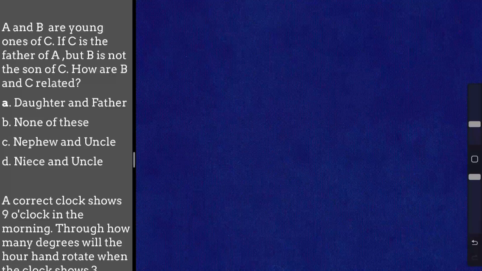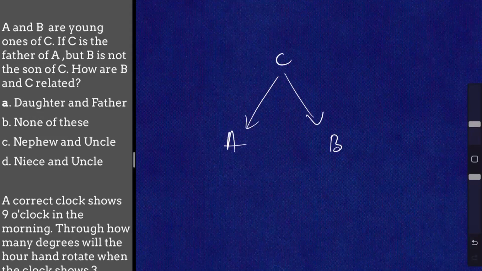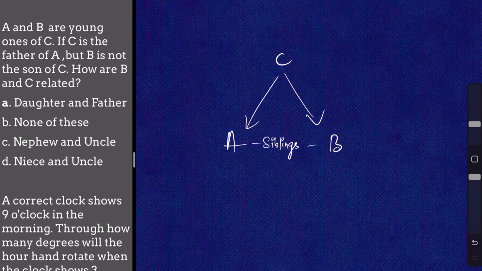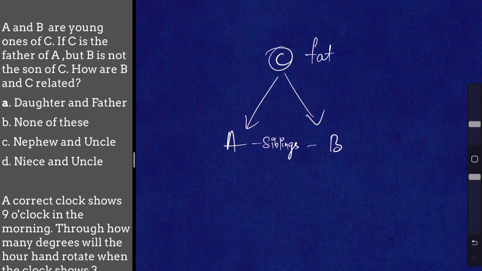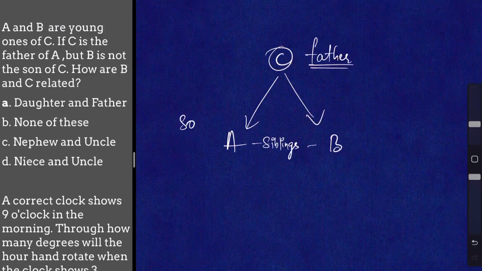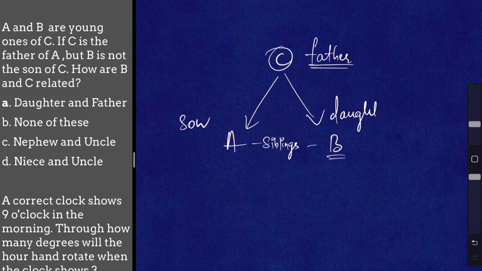Let's read the next question. They say A and B are the young ones of C. So A and B are siblings, obviously. Then they say C is the father of A. So C, we know, is the father of these two children, and C's son is A. And they also say, but B is not the son of C. If B is not the son of C, and if C is still the father, then obviously the answer has to be daughter.